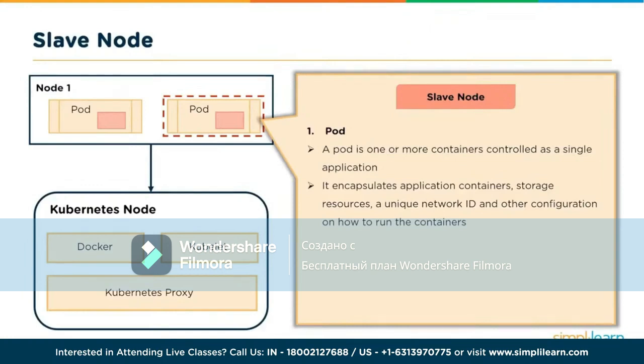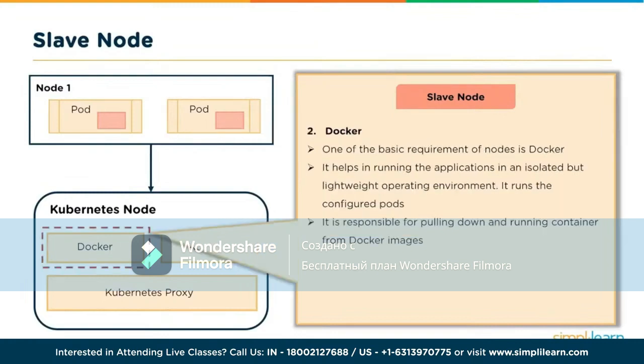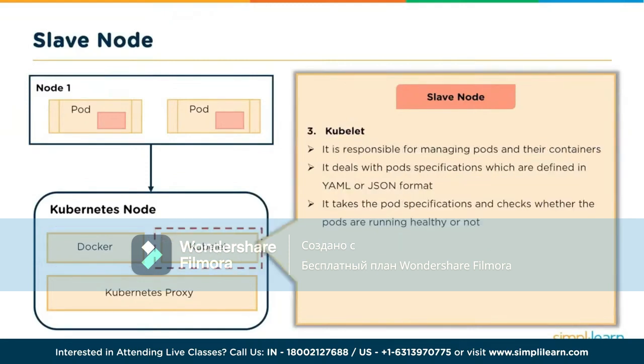And these are tools to allow you to communicate back up to the master layer. So the Docker is the actual container itself, and this is going to actually run your application. And the instructions here are to pull down the correct container from the Docker images that you have within your library.